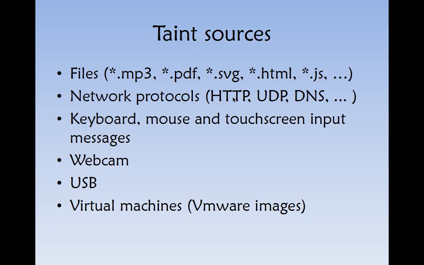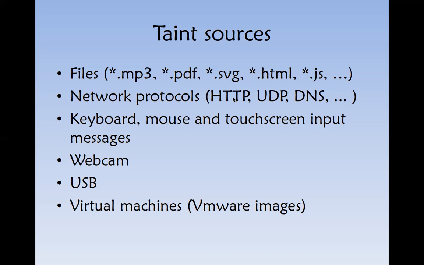Likewise, things like data received from the network is also untrusted. Data that comes from the keyboard, which is command line input, mouse, touchpad input, and so on, are all taint sources. So what is a taint source and what is not a taint source depends upon what is the so-called attack surface of your program. So the attack surface of your program is the set of interfaces of your program that is exposed to the attacker.